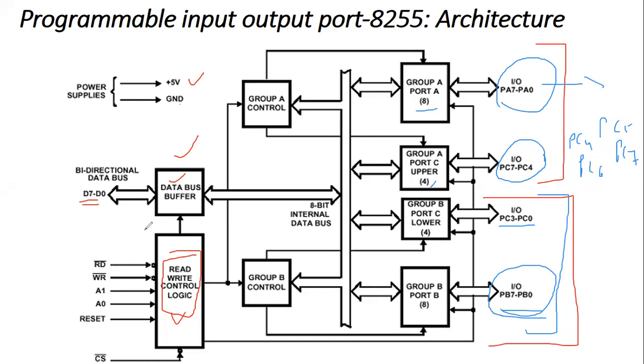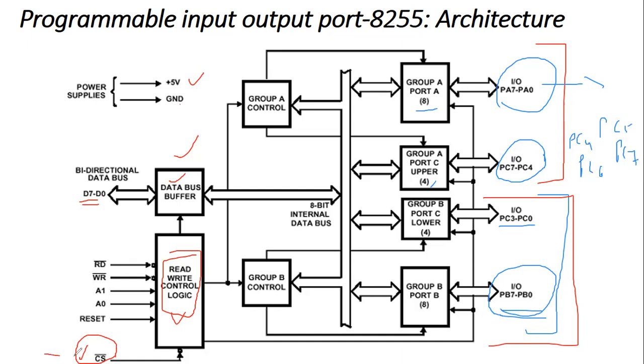Now, this is the block diagram of the 8255 IC. Here you can see the chip select signal. This chip select signal is an active low signal, and it is used to select the 8255 chip. The 8255 IC will be enabled when this chip select signal is enabled.